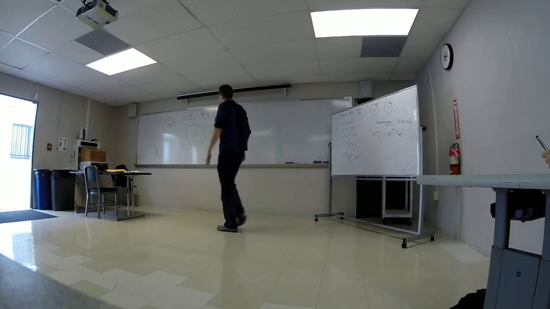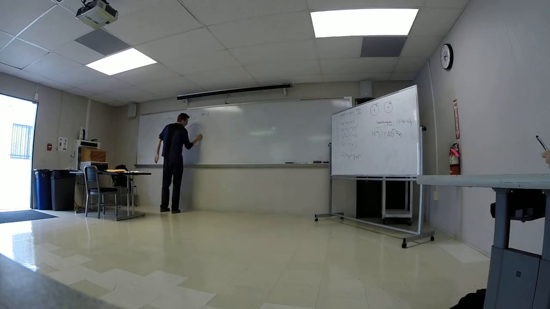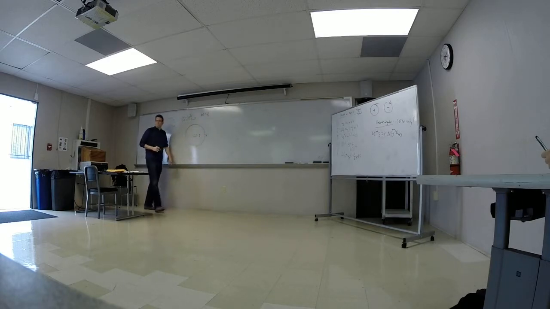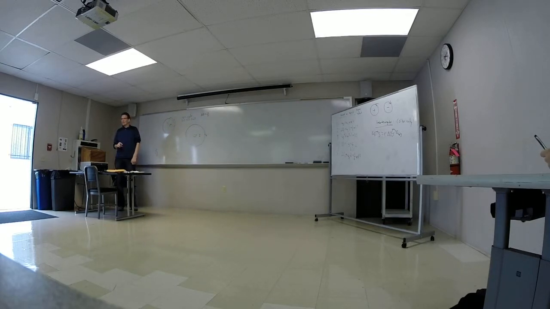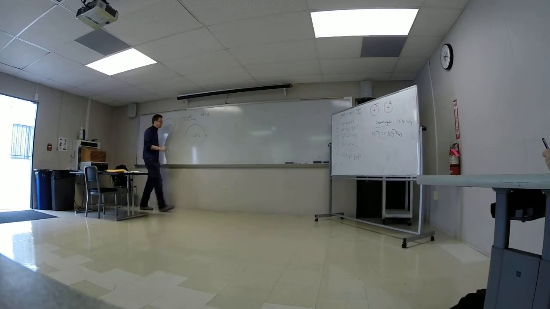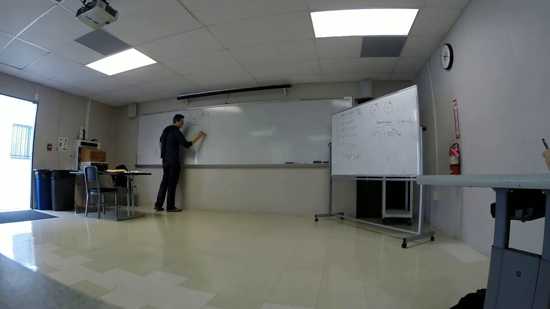And we examine 2 points. I'll call this point A and I'll call this point B. And I examine both points as they rotate. So if I look at one time, those points are like this. Later on, point A is like this, and point B is like this.